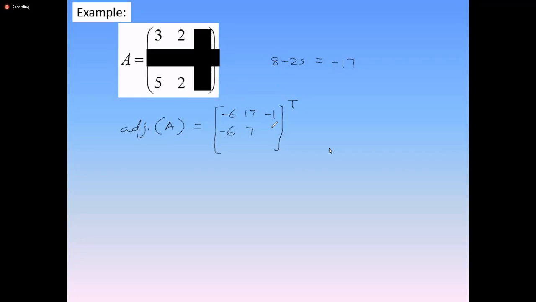Here it comes minus 4, then I change the sign, then plus 4. Then we have to go to the third row.